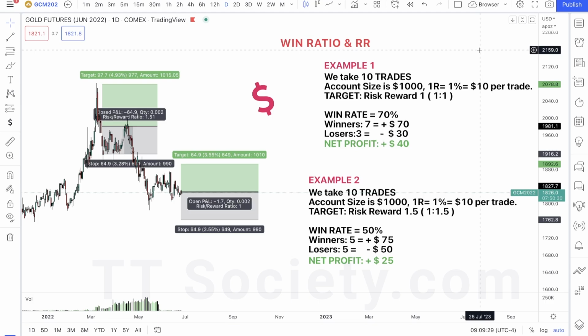But if you are managing risk reward well, and if you're managing your win ratio well, you will be profitable in the long run. Most successful traders are not having a 100% win rate. Keep that in mind. It's the stop loss, the risk management part that will make you successful in the long run.